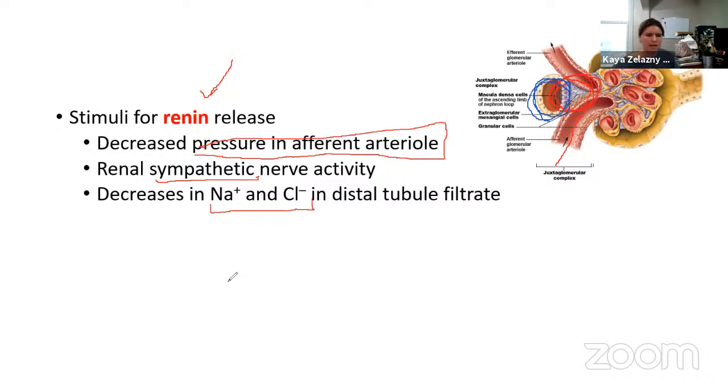I know we're nearly at time. But what's happening here is, if you have low sodium in the filtrate, all this fluid is moving through your nephron, and we have certain amounts of sodium that we have to reabsorb.